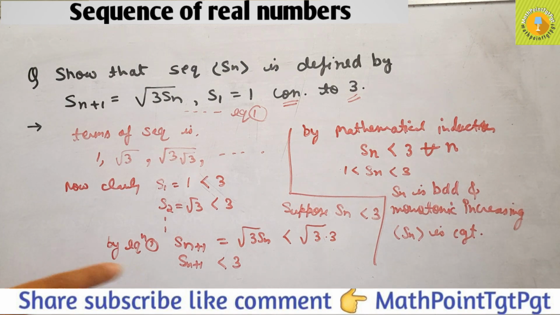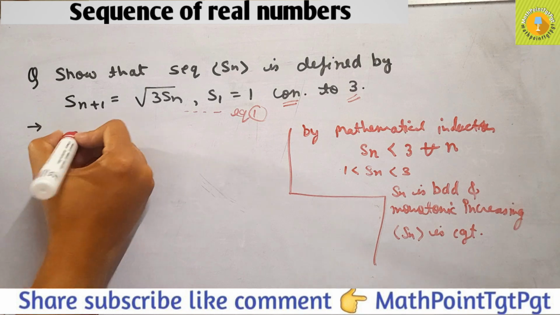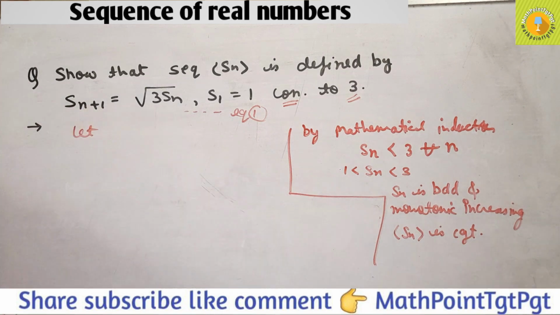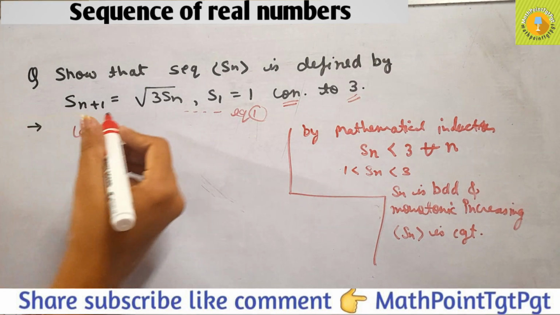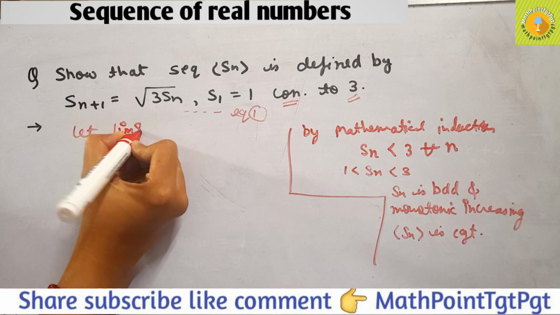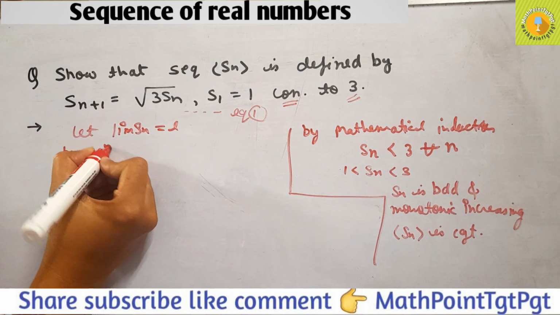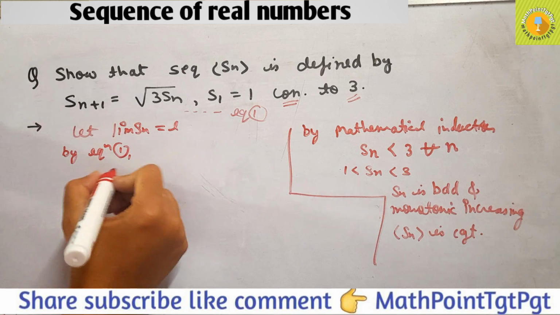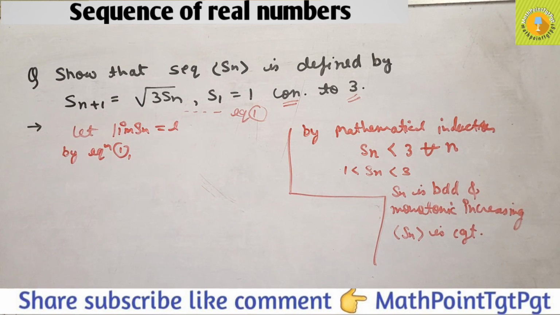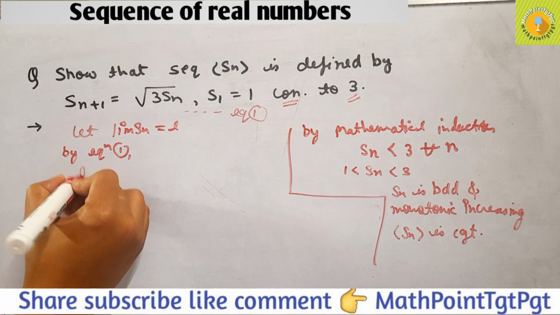Now we have to find the limit. For the limit of this sequence, let us suppose that the limit of the nth term is L. By equation 1, we can take the limit on both sides.